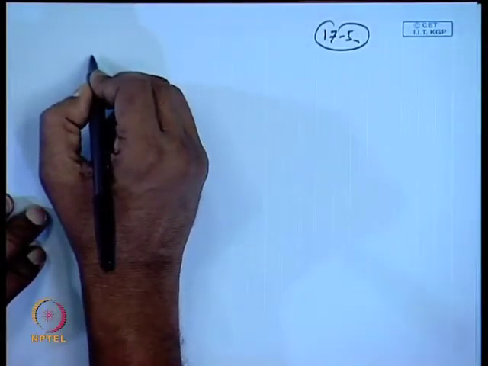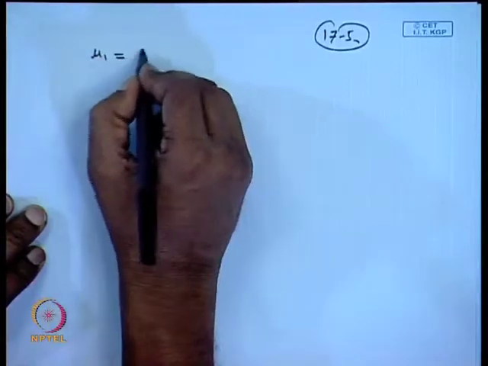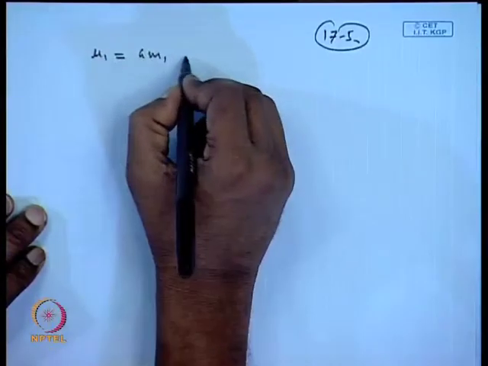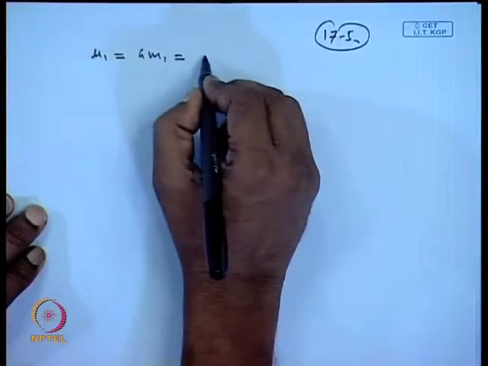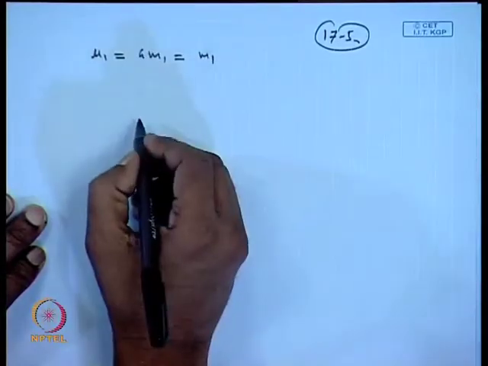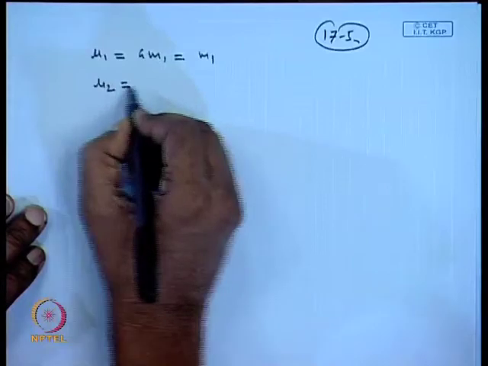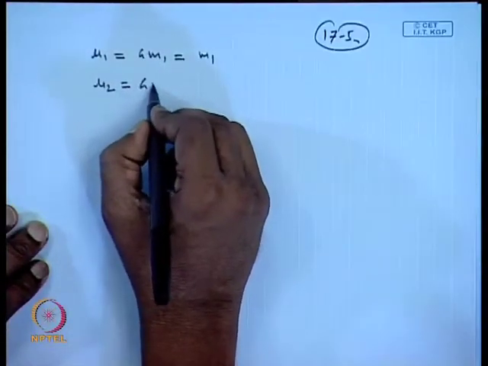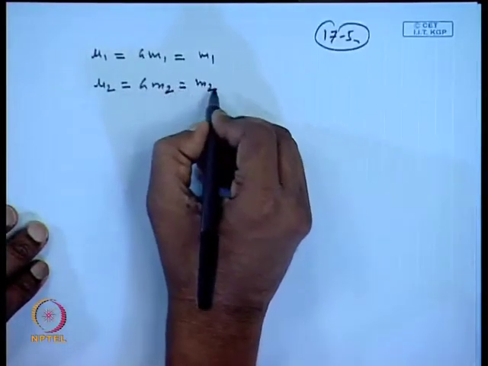On the normalized scale, what we have seen is that we set mu 1 equal to G m 1 and G we set as 1. So, this reduces to m 1, and similarly mu 2 is equal to G m 2, which is equal to m 2.